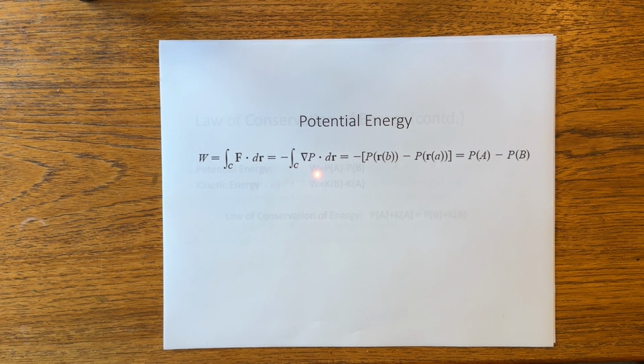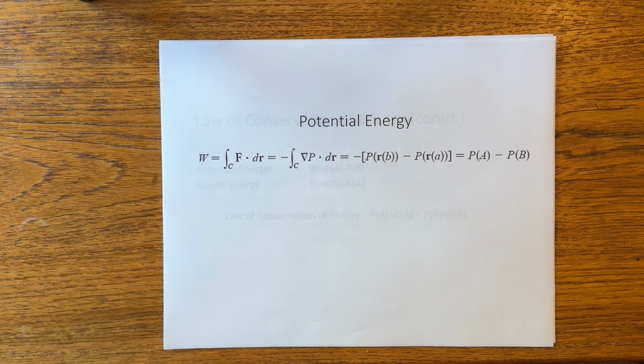So we apply the gradient of the potential. Remember, there's a negative sign over here. And then the fundamental theorem of line integrals says that is the net change in the potential from point B to point A. And when you distribute this negative sign, it becomes PA minus PB as the work done for potential energy.